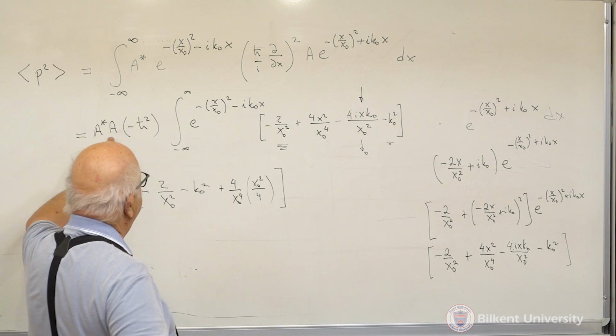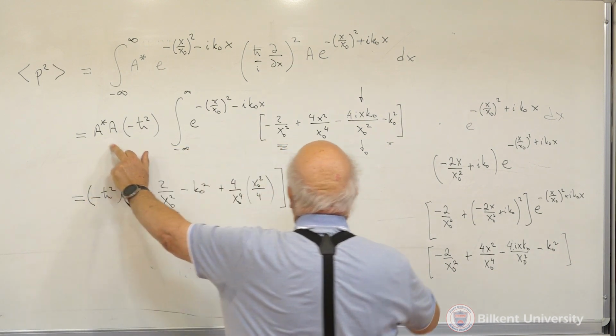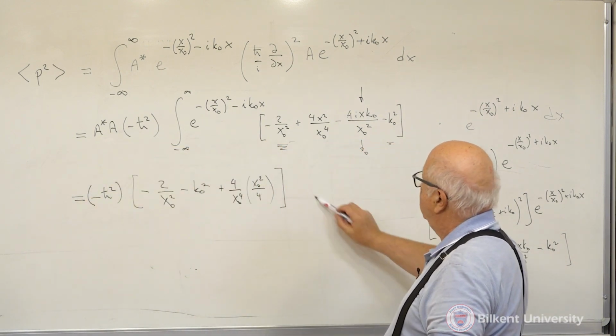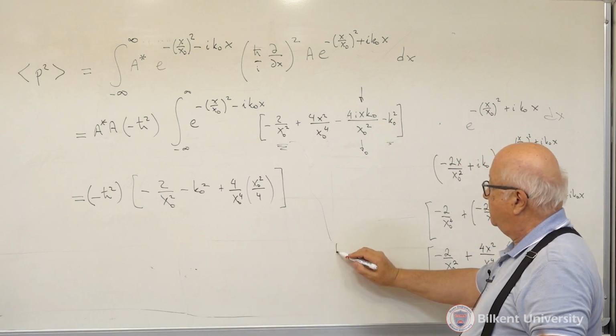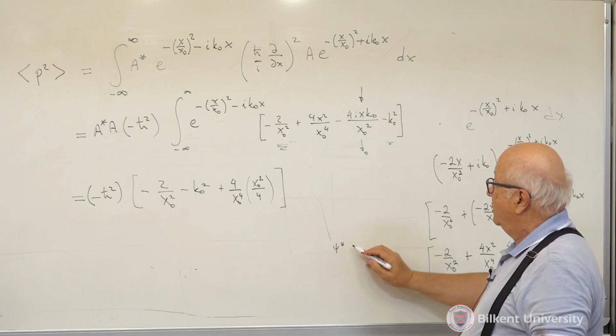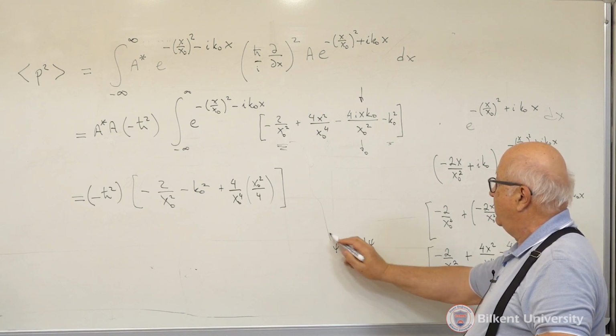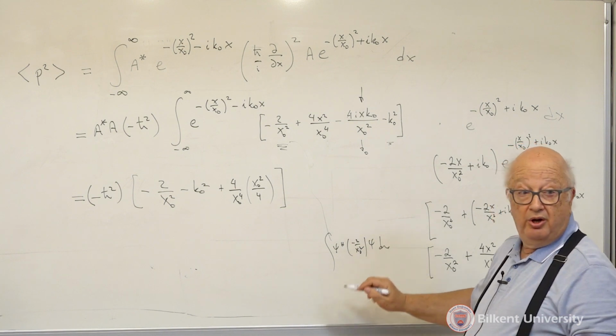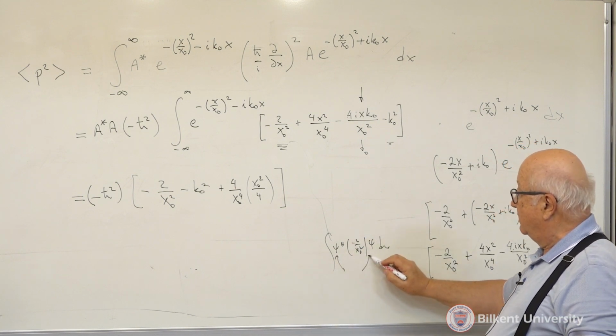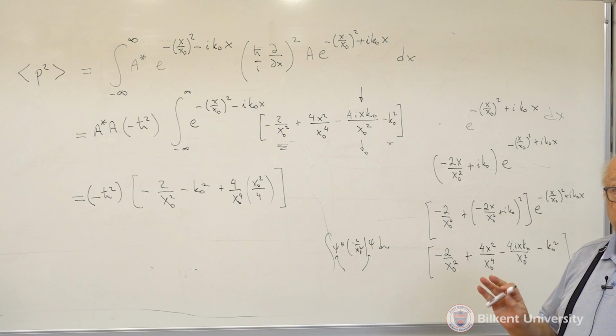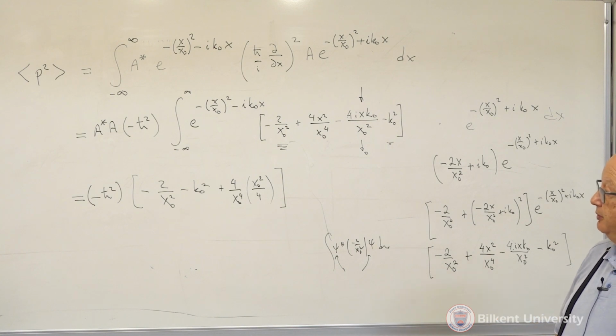So if I just look at these terms, for example, this term here is just psi star then some constant minus 2 over x0 squared psi integrated. Okay, so A is inside the psi's and it's properly normalized, so I don't have to worry about it.